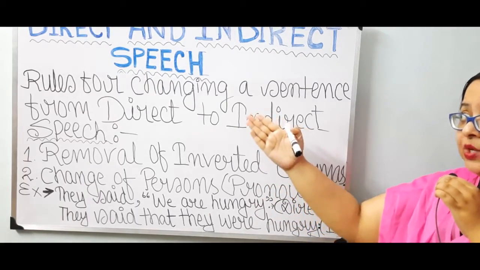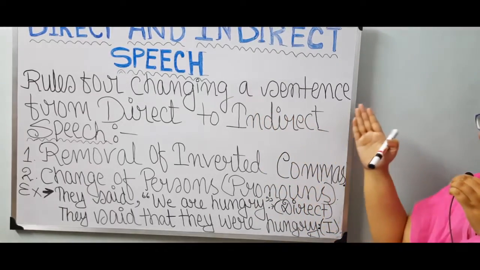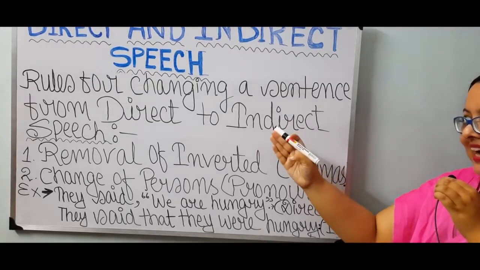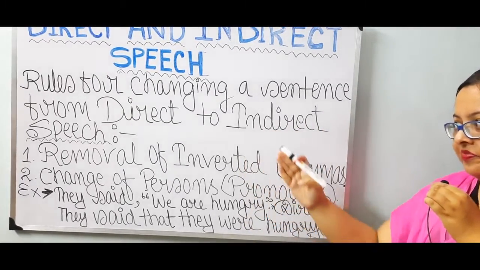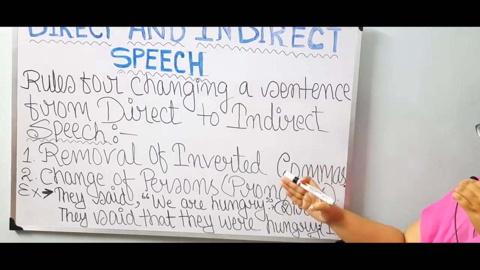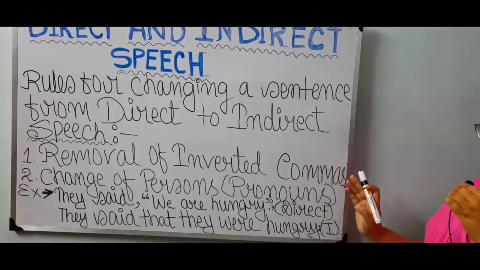Next, look at the rules for changing a sentence from direct to indirect speech. Number 1, removal of inverted commas.